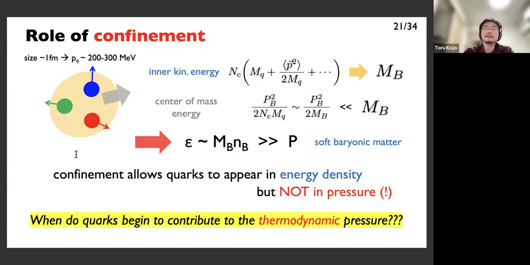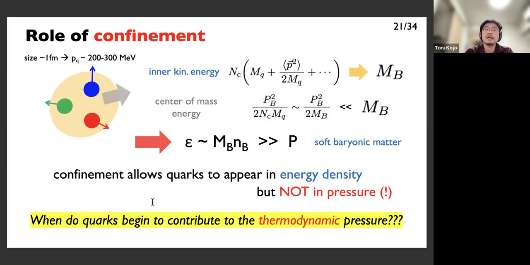So in other words, quarks are relativistic, but confinement allows a quark to appear only in energy density, but confinement does not allow a quark to contribute to the pressure, and that's the reason why baryonic matter is so soft. Then a natural question is, when do quarks begin to contribute to the thermodynamic pressure?